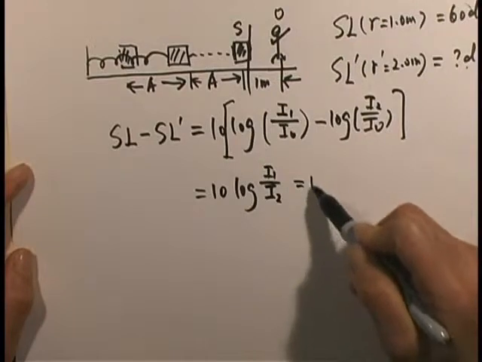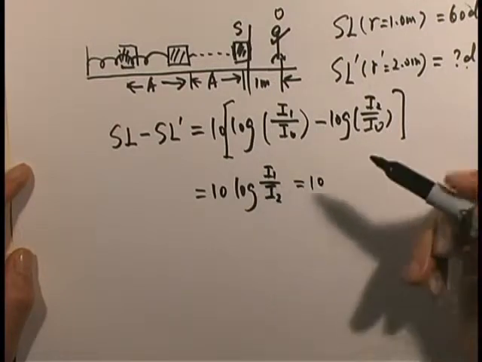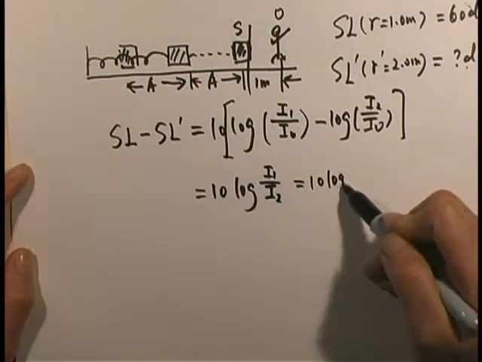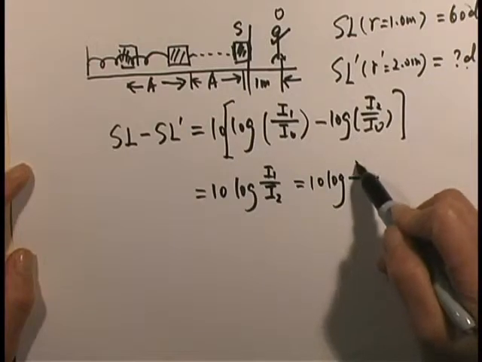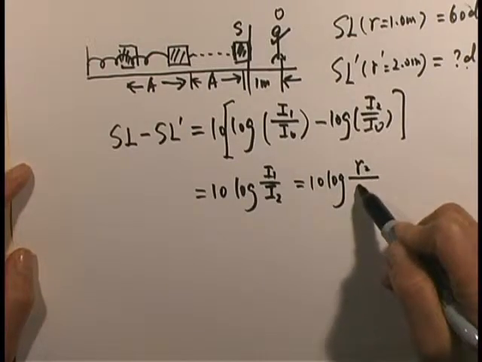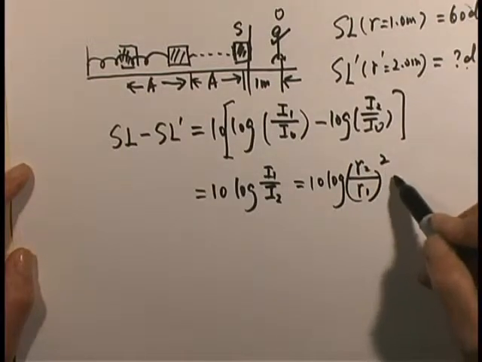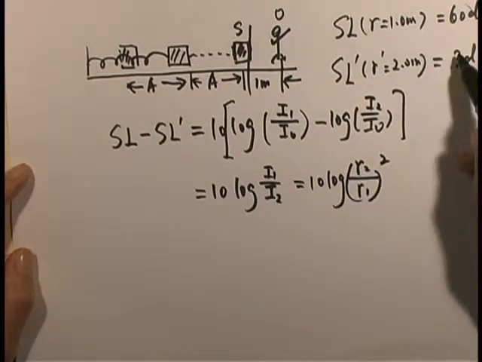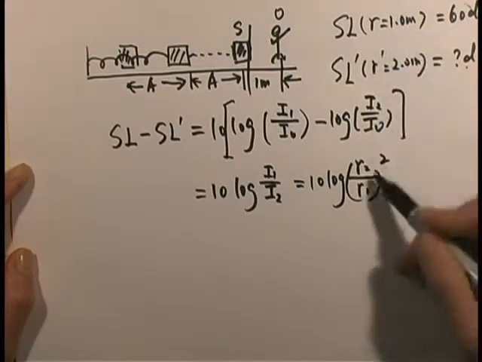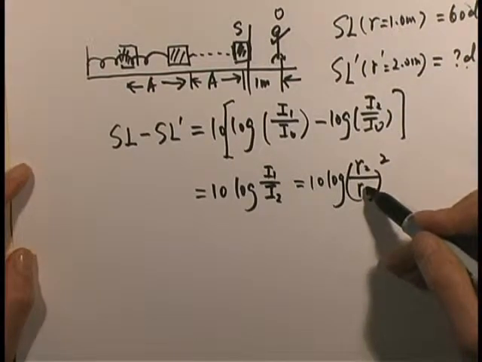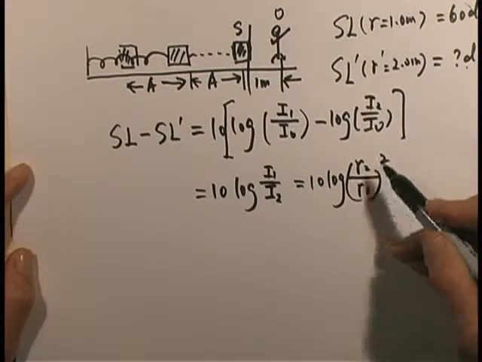And we also learned that the ratio of intensity for a point source will result in the ratio of the distance squared. In that case, R2 is 2 meter, R1, so the ratio is 2, and 2 squared is 4.